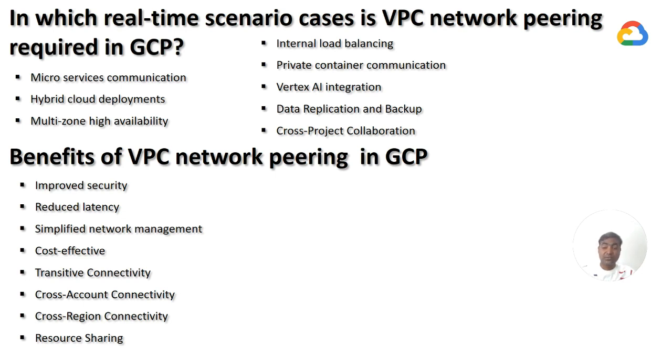And guys, cross-region connectivity: in some cloud providers, VPC peering can be established across different regions. This is beneficial for organizations with a global presence as it enables communication between resources in geographically distributed data centers. VPC resource sharing, guys: VPC peering allows resources in different VPCs to access and share services such as databases without exposing them to the public internet.